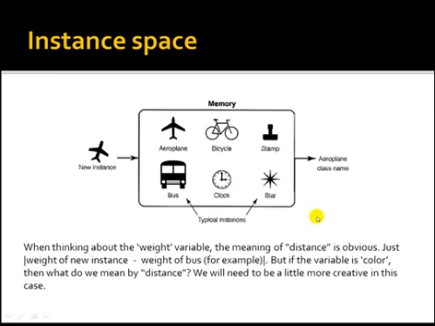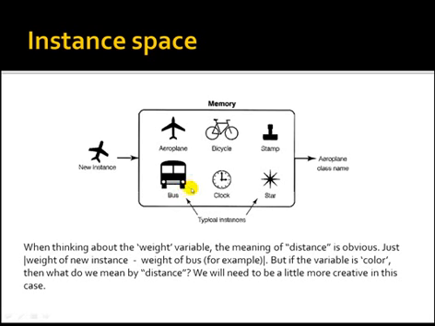When thinking about the weight variable, the meaning of distance is obvious, right? Because these are just numbers, so the distance is just the difference between the two numbers. Just the weight of the new instance minus the weight of the bus, for example. But if we're talking about a variable of color, of course this doesn't have any color, they're all black and white, but if the variable is color, then what do we mean by distance?